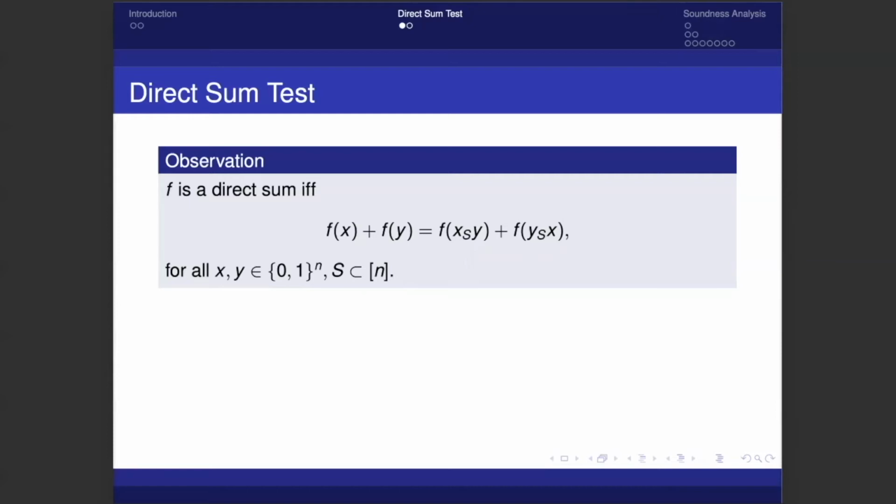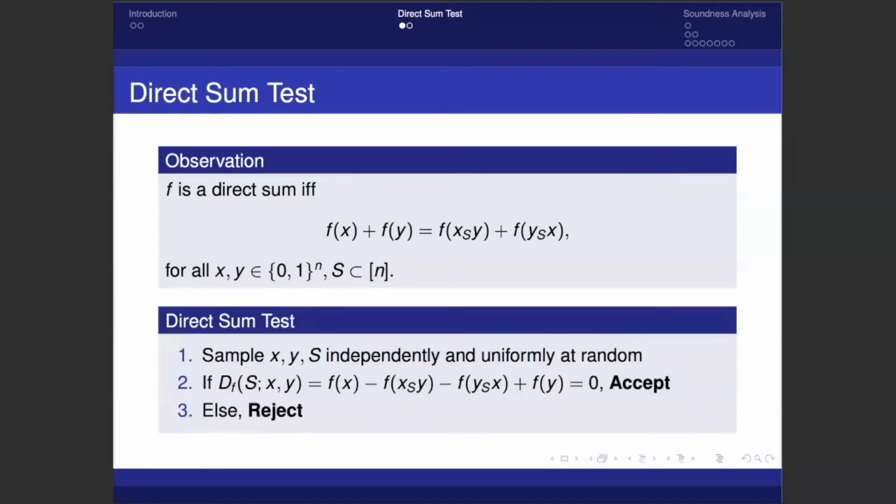So given this observation, a natural attempt at a direct sum test is the following. We sample points x, y from the Boolean hypercube and a subset S of the set of indices uniformly at random. And then we simply test if this equality holds, right?